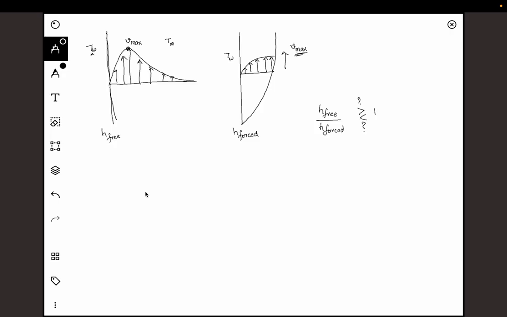So what do you think? Is it greater than 1 or less? Which one will be higher, free convection or forced convection? The thing that we are keeping constant is Vmax. Vmax is assumed to be constant in both the scenarios. Which one will be higher?